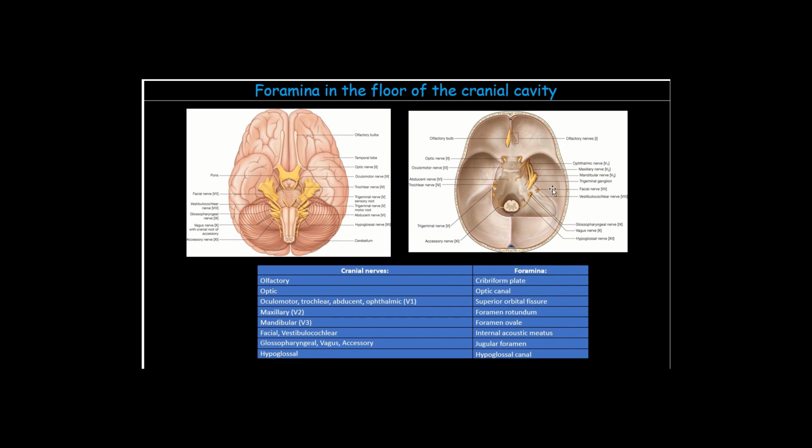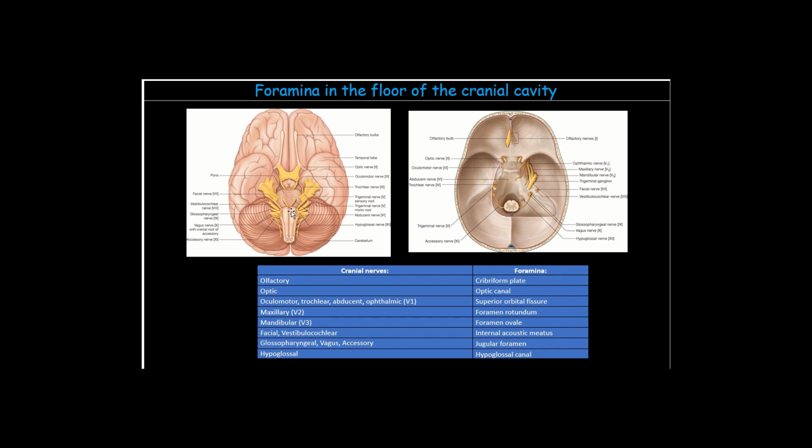Then we go up above the petrous part of the temporal bone and go behind the petrous part, where we move downwards and come across different foramina. The first foramen which we come across is the internal acoustic meatus. That is the foramen through which the seventh and eighth cranial nerves, the facial and vestibulocochlear nerves, are going to pass.